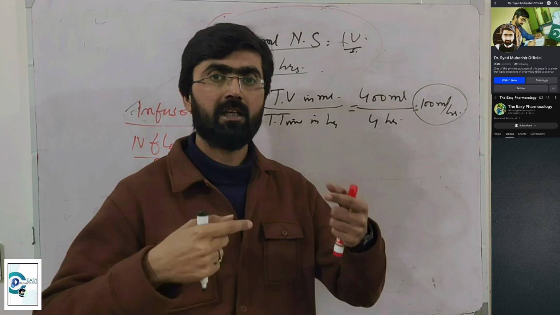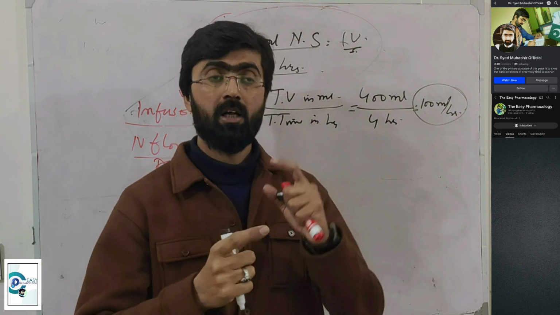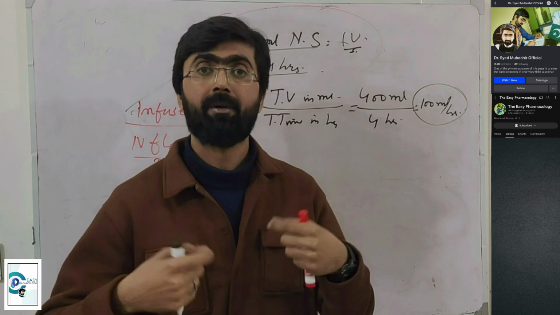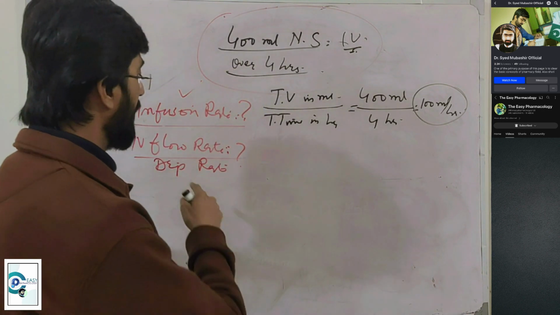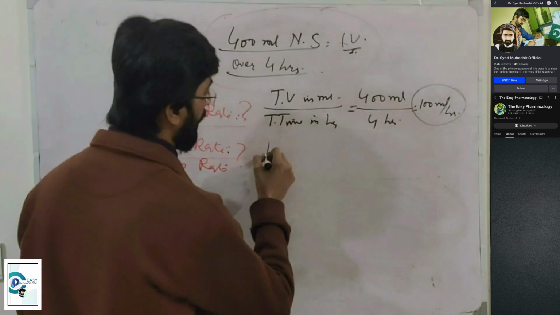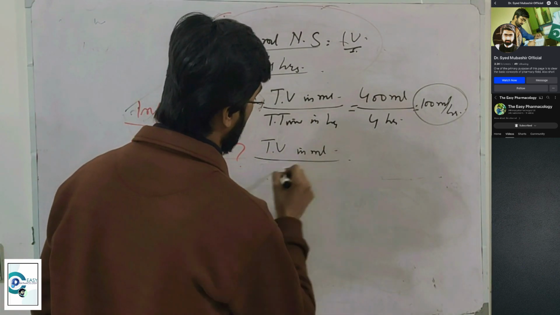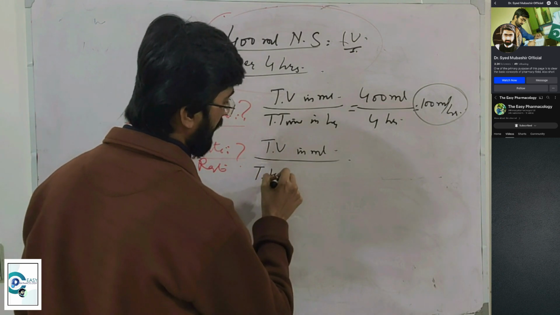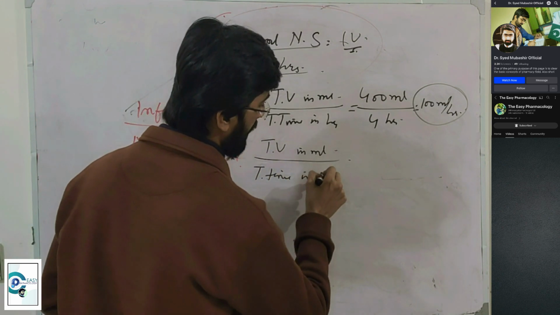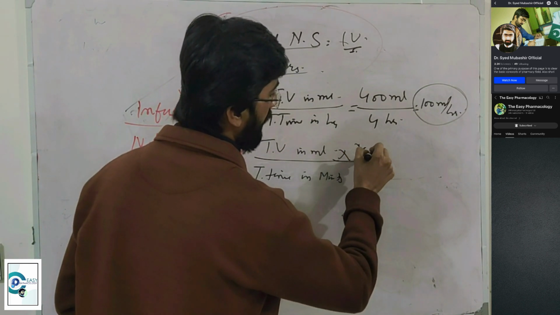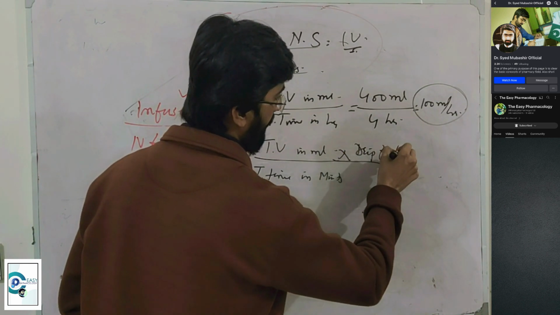But how will you deliver it? Obviously through the drip set. Now there is a need to calculate the drip rate or IV flow rate. For this you have the formula: total volume in ml divided by total time in minutes multiplied by drip factor.